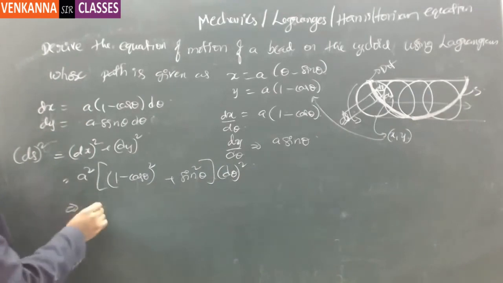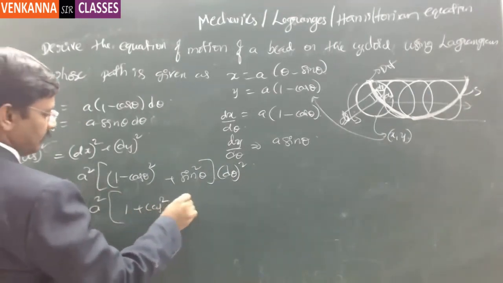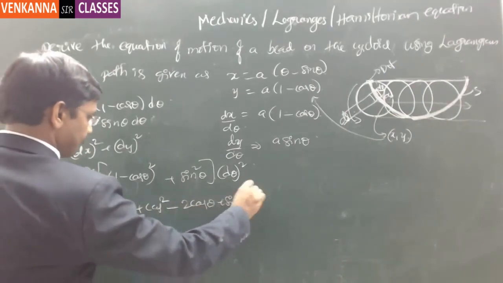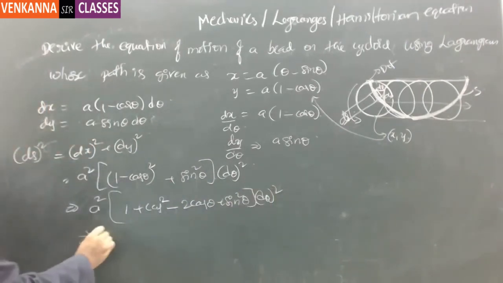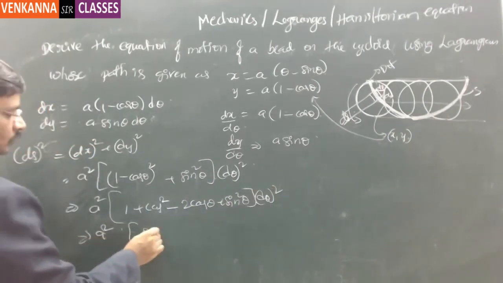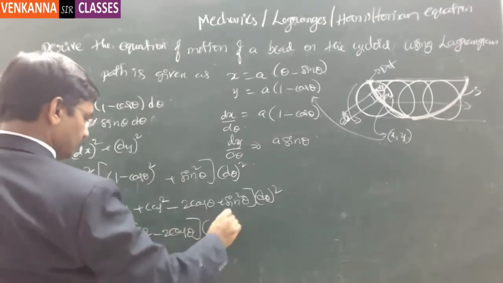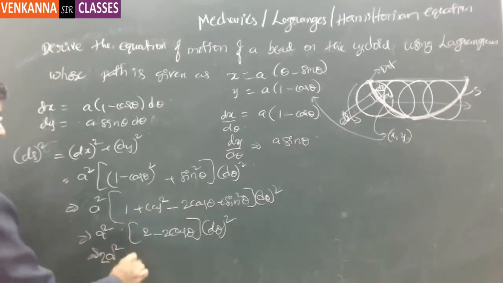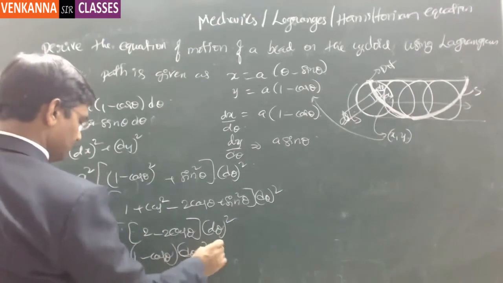So this value is a square into 1 plus cos square theta minus 2 cos theta plus sin square theta, into d theta whole square. So this is a square into 2 minus 2 cos theta into d theta whole square. So this value is a square into 2 times 1 minus cos theta into d theta whole square.